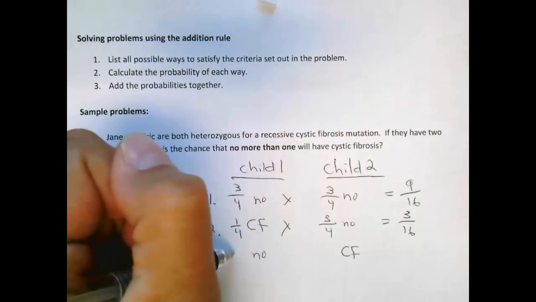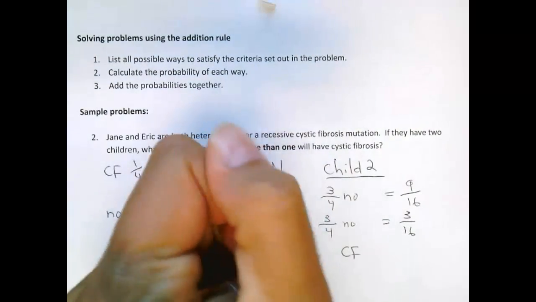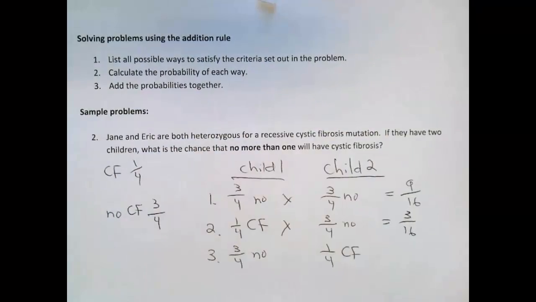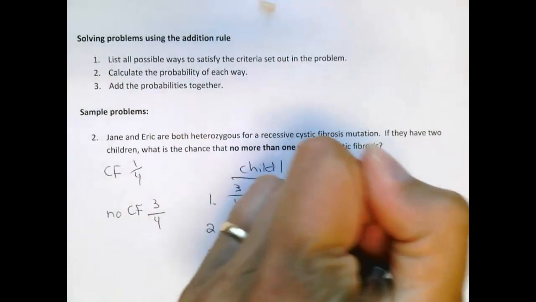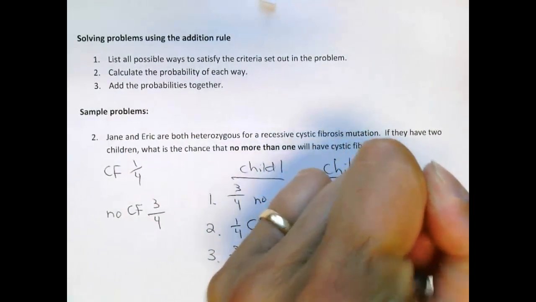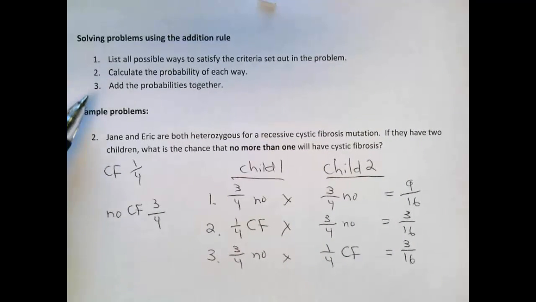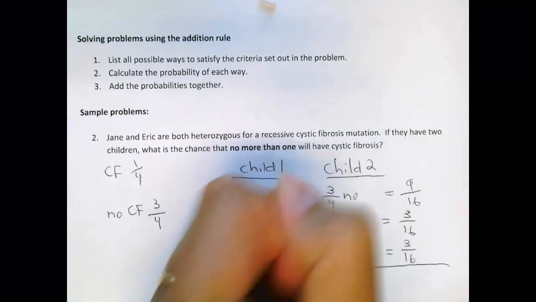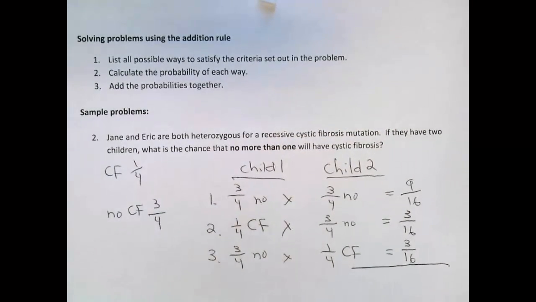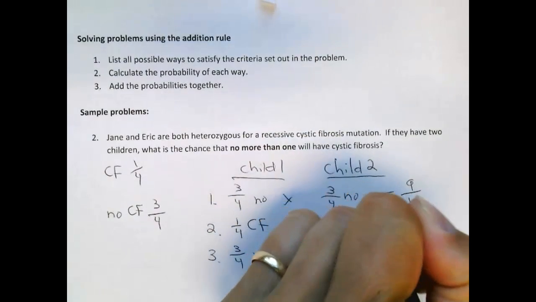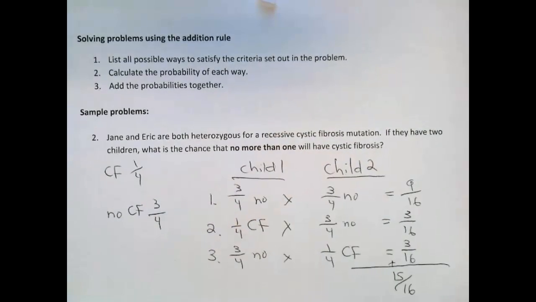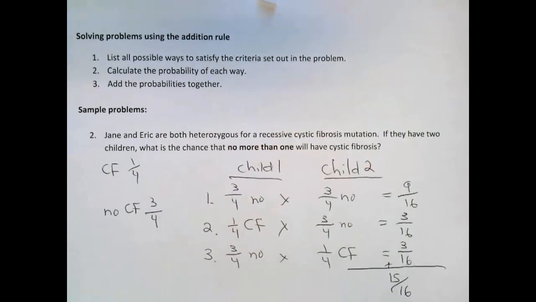And then the final one is the same as the second one, just flipped around here. It also gives a probability of 3/16. The final step is to add the overall probabilities together. Again, the reason why we add these probabilities together is because any of those three can satisfy the criteria that is set out in the problem. And so the final answer would be 15/16.